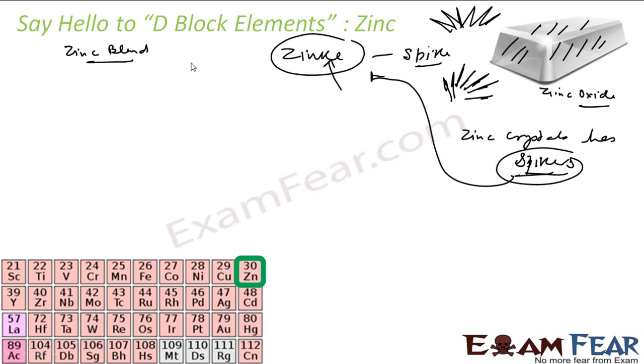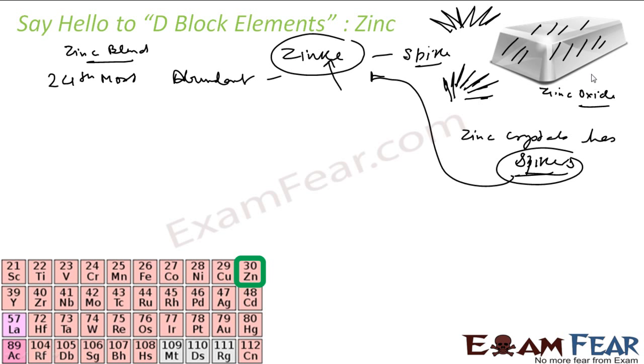It is the 24th most abundant metal on earth. Pretty much abundant. It has stable isotopes. And if you talk about the applications of zinc, we use zinc in a lot of places. We use zinc for electroplating, galvanization.